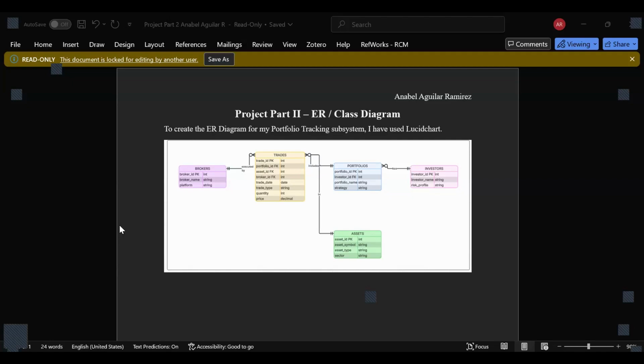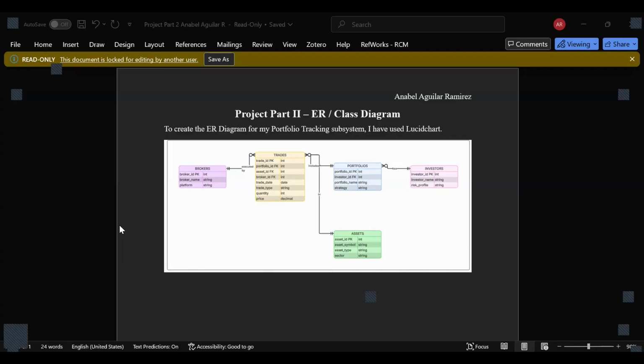The system tracks investors who own portfolios, and each portfolio contains trades that involve different financial assets, such as stocks, ETFs, and cryptocurrencies. The trades are executed through brokerage platforms, which are also tracked in this database.